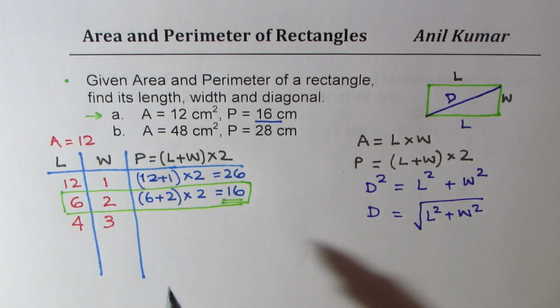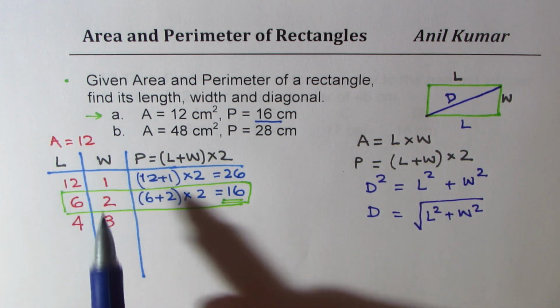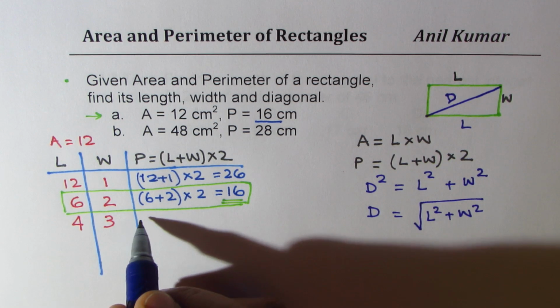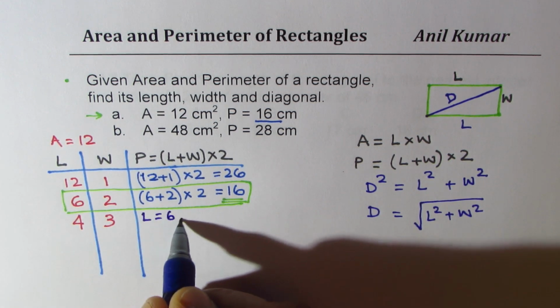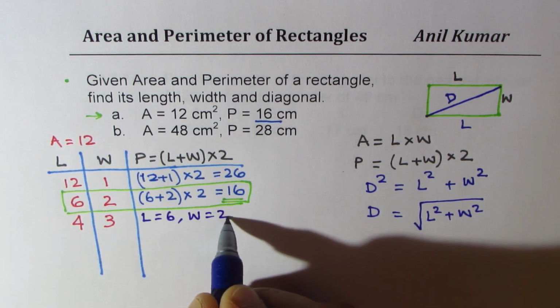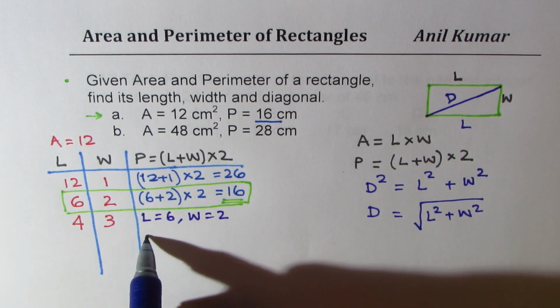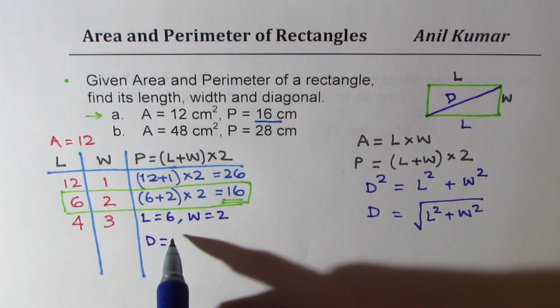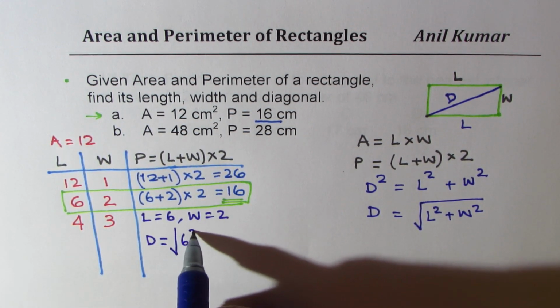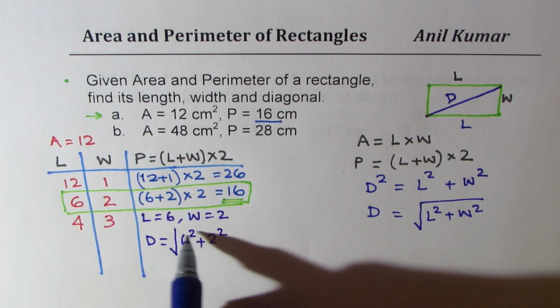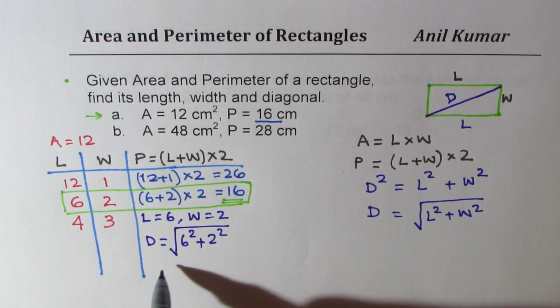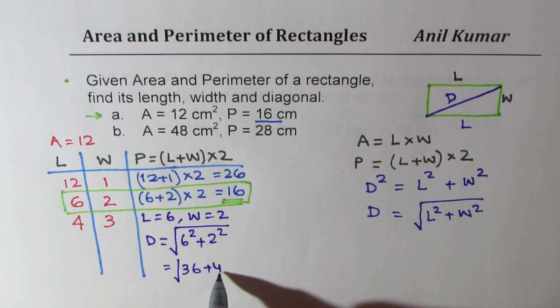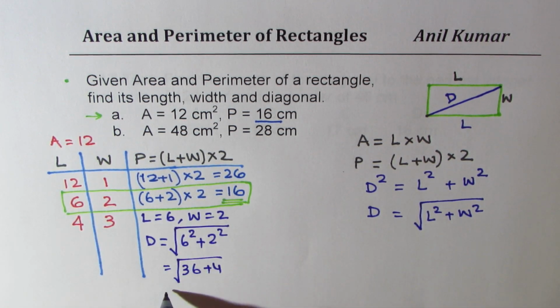Correct? Now in our case, we know what length and width are. So for us, length equals 6, width equals 2, right? So what is the diagonal? Diagonal will be equal to the square root of 6 square plus 2 square. That's it. Which is equal to the square root of 36 plus 4, which is 40.